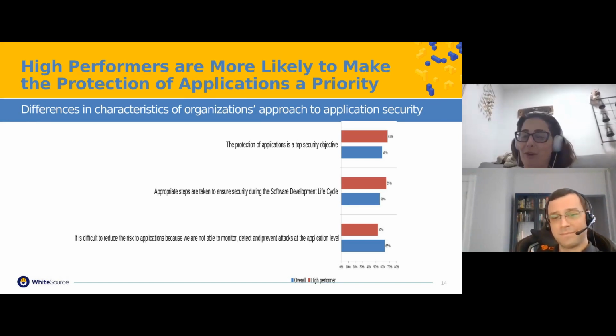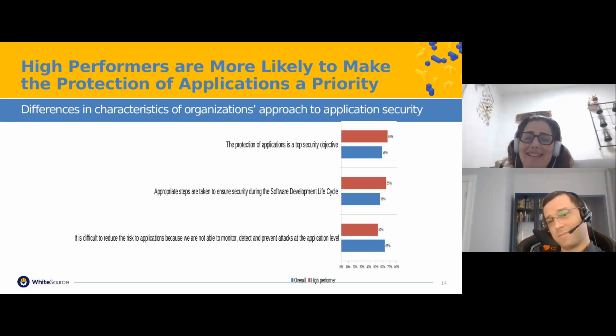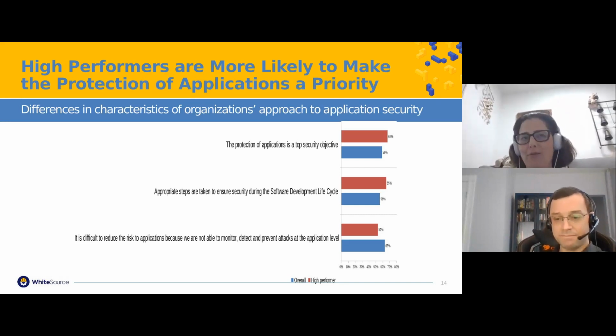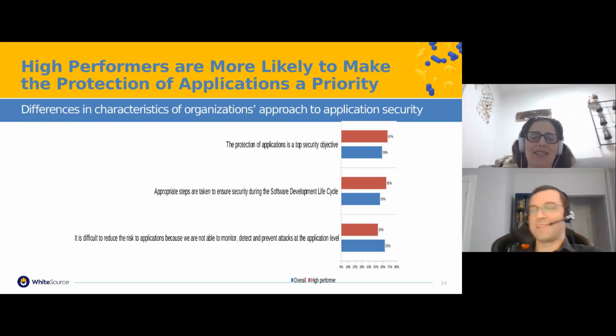But what we also see is that it is still difficult for them to reduce the risk of applications. And maybe that corresponds with what you said earlier, Jeff, that they're more structured. However, there is still a relatively high level of difficulty out there, even among the high-performing organizations.